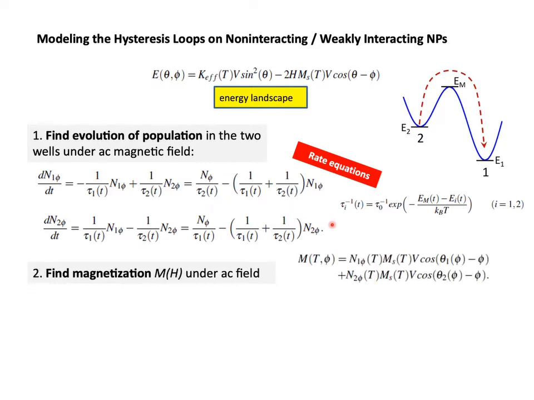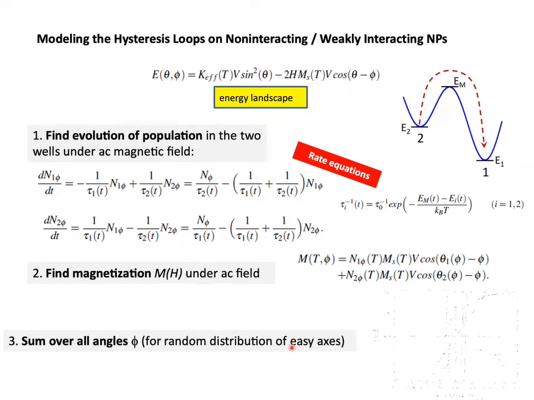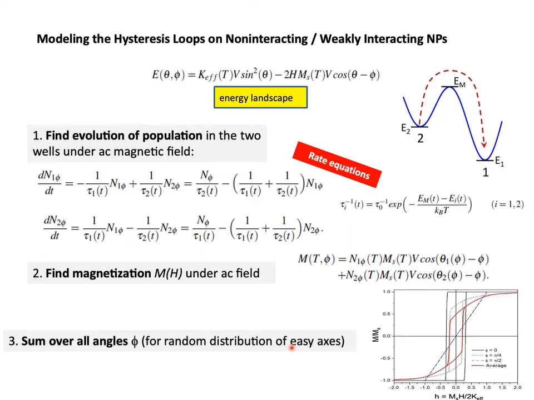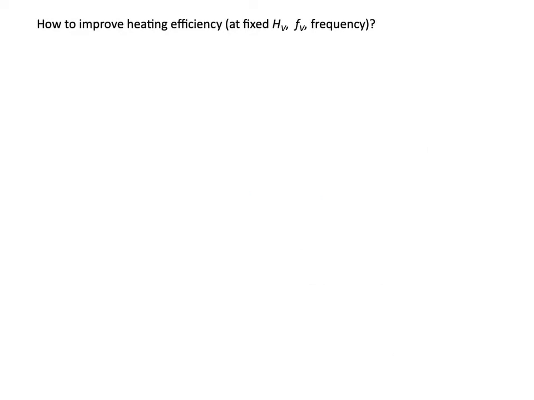Then we have to find the behavior of magnetization as a function of a magnetic field which is alternating, and finally we have to sum over all the angles, because the magnetic directions of the nanoparticles in the media are on a broad distribution of angles, and then we have to find the average angle phi.